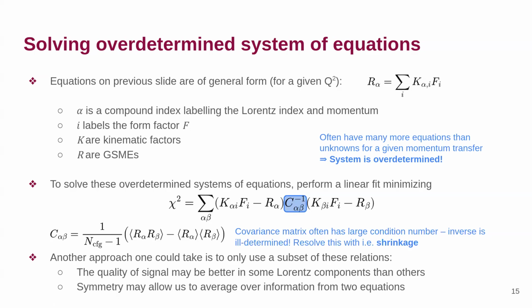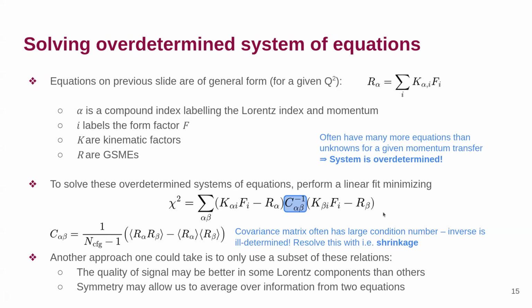When you compute this covariance matrix, quite often it will have a very large condition number, which means it may have very large eigenvalues. And so when you take the inverse, it can be ill-determined. You can run into instabilities in determining that inverse, which will throw off your fitting.